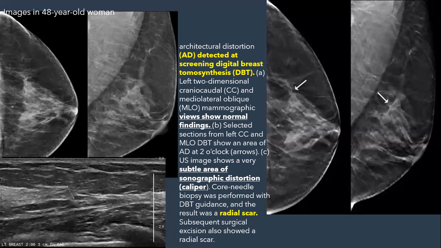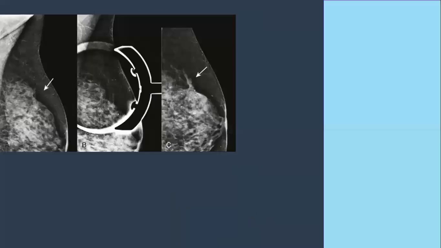So by imaging, we cannot differentiate between malignant and benign architectural distortion. We can see a subtle area of architectural distortion in the MLO, and this is a spot magnification showing some tethering and retraction in the contour and some spiculated lines. I think this is a different view.